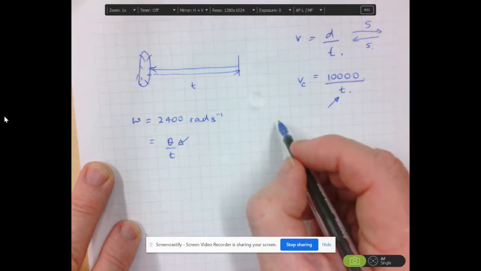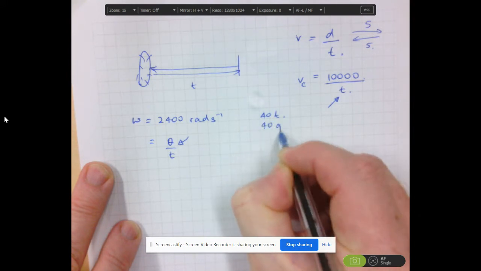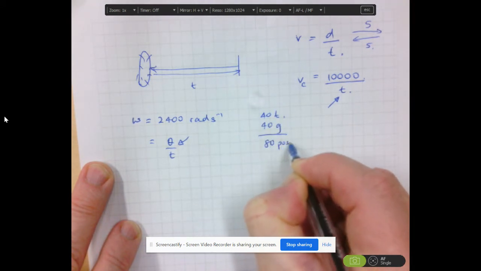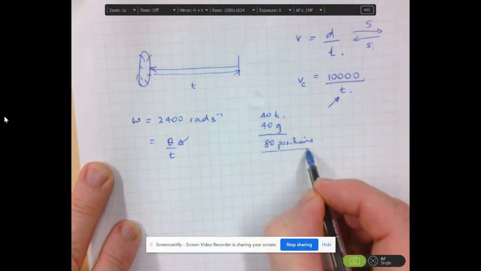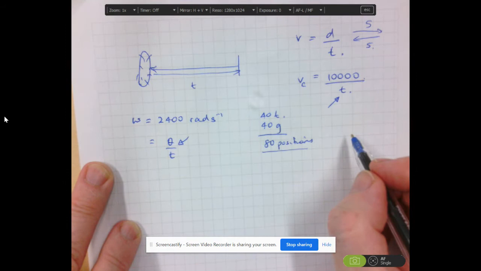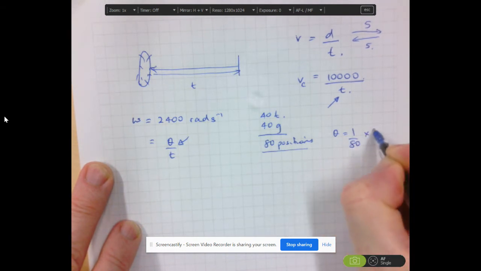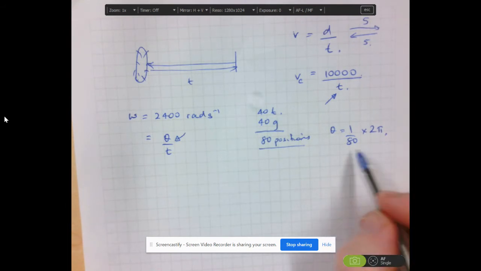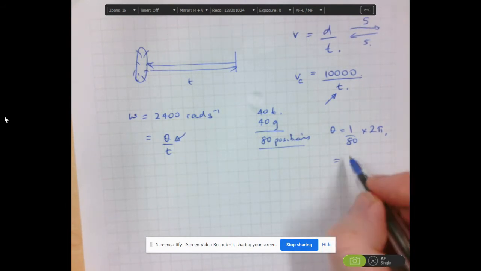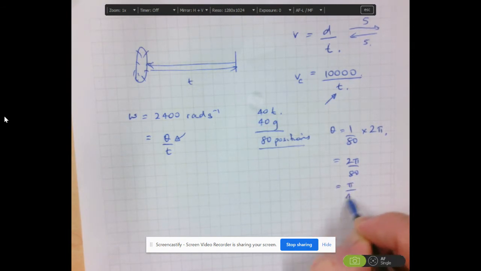We've got 40 teeth and 40 gaps, so that's 80 positions. And like I explained last time, if I've got 80 positions, then the wheel only needs to turn 1/80th of a circle to block the light. So theta would be 1/80th of a circle, which is 2 pi angular displacement, so that's 2 pi on 80, or pi on 40.